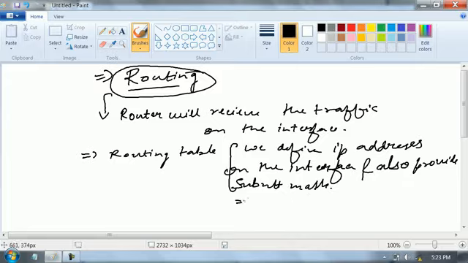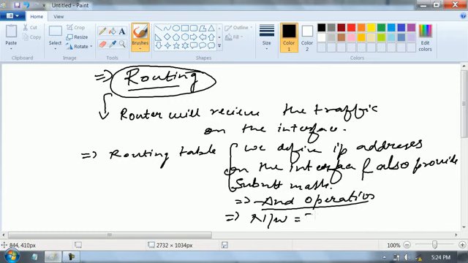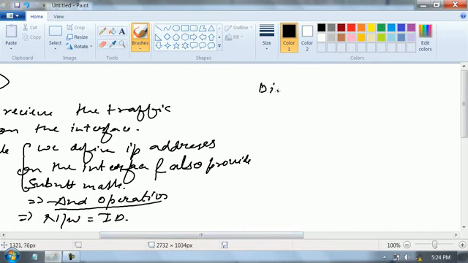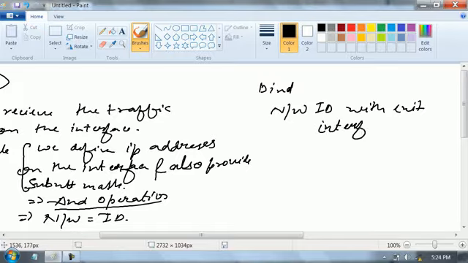What will the router do? The router will apply an AND operation and calculate the network ID. Now what will the router do next? The router will bind this network ID with the interface.